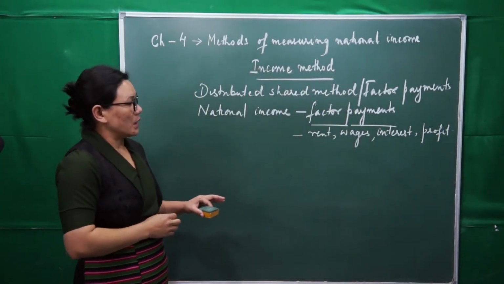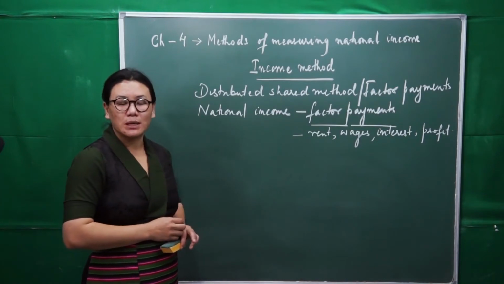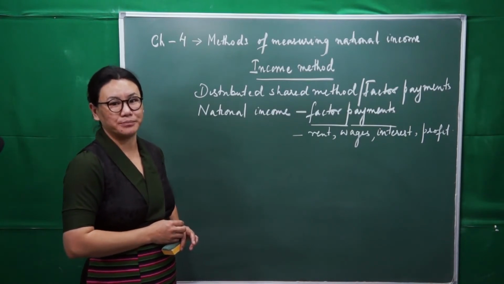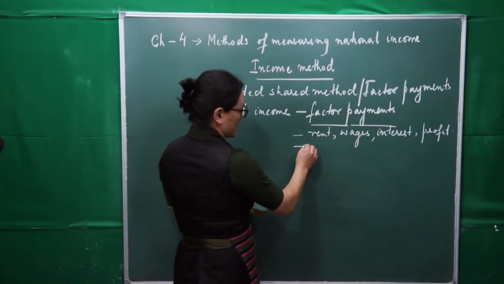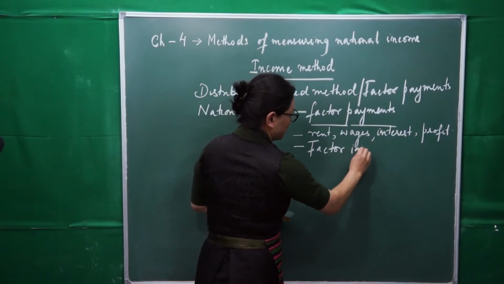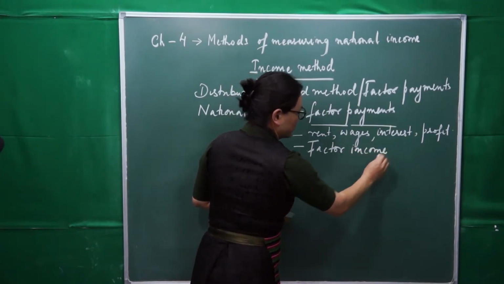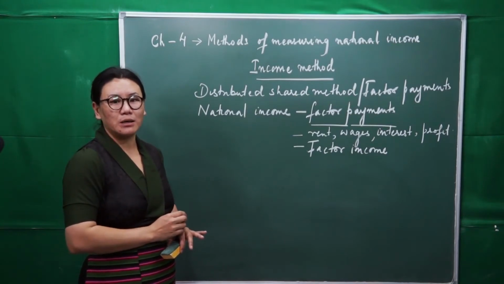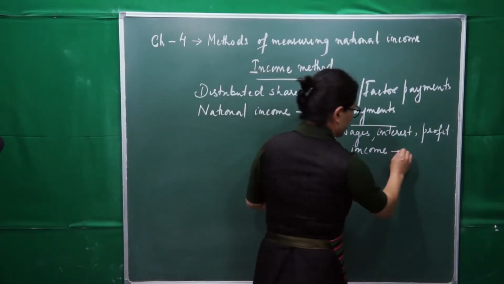Factor payments can also be called factor income, and factor income is received by the household.